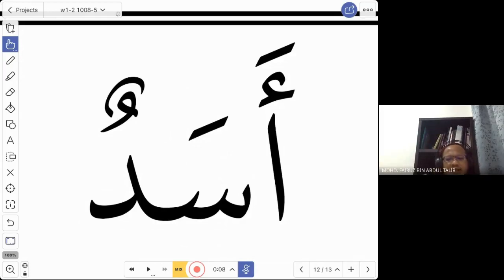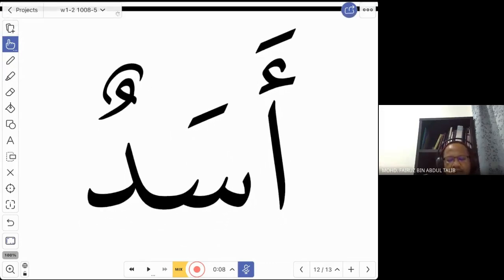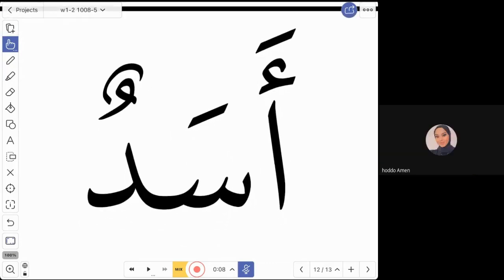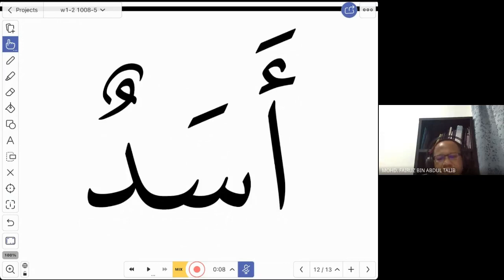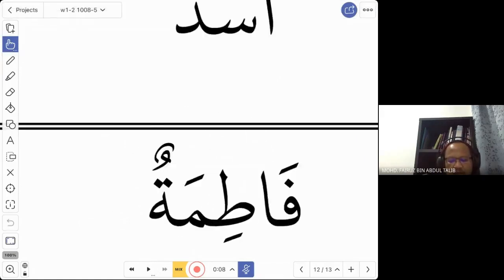And what is an asad? This is a lion. Yes, correct, Huda. So asad is a lion, and a lion is an animal, right? So every time you see a word that refers to an animal, then that is also a noun. Good. Now let us look at the third word.